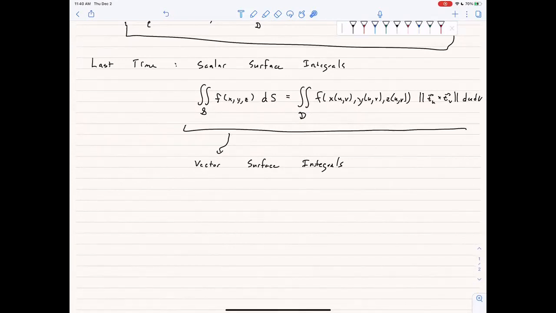So we need to take our surface and make it an oriented surface. And this means it's the surface with a continuous choice of normal vector.